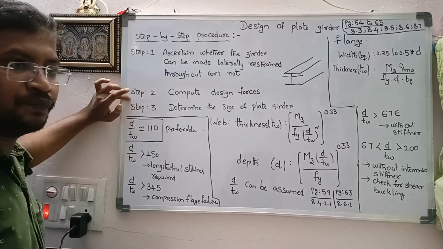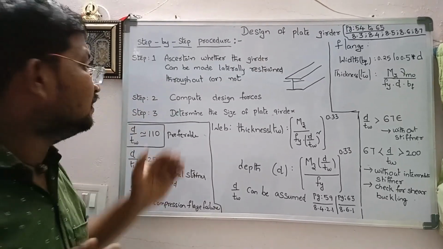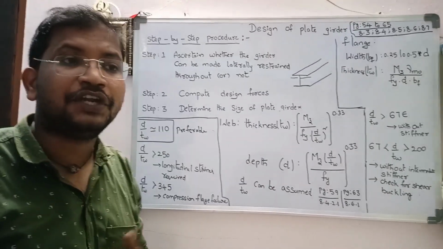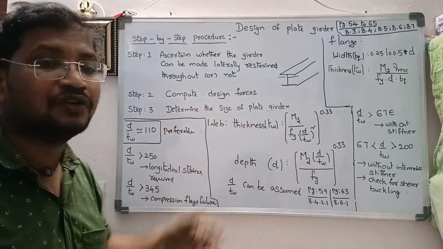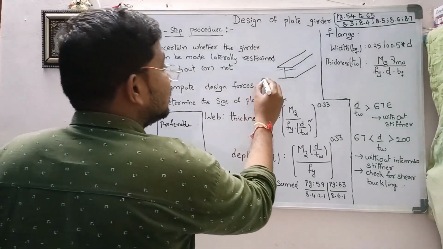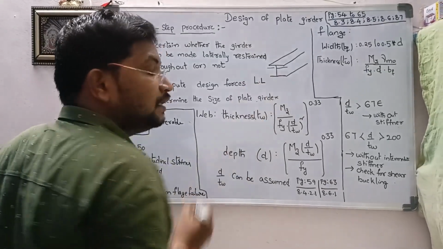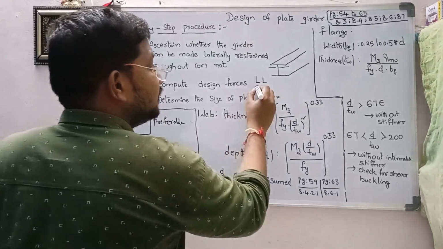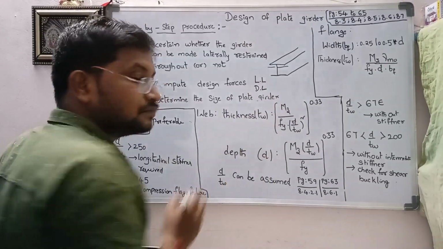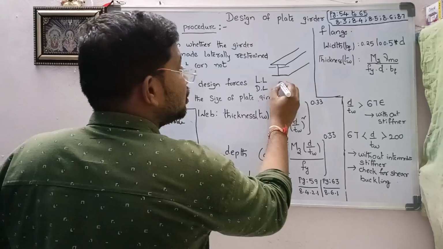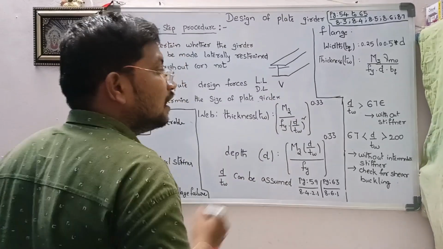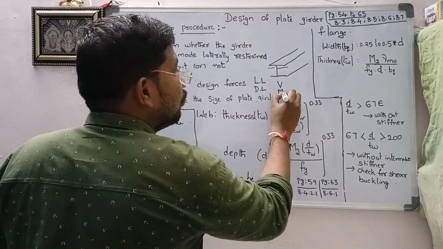Step number 2, we need to calculate the design forces. What is the live load coming onto the girder? What is the dead load? And what is the shear force? And what is the bending moment?